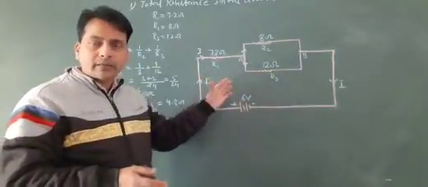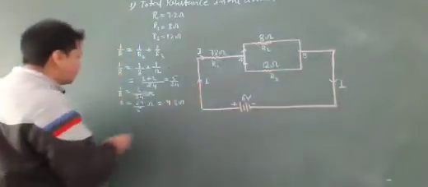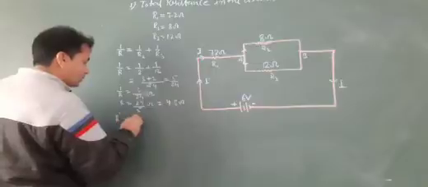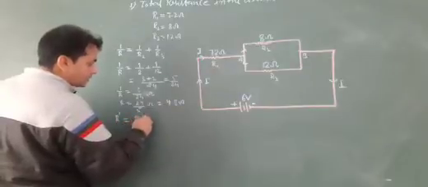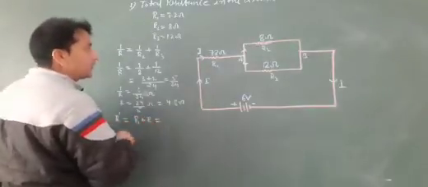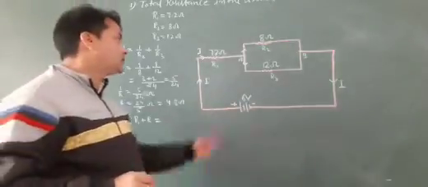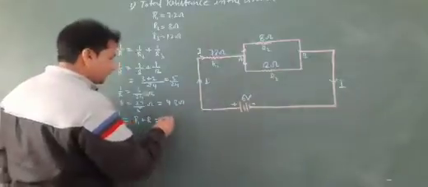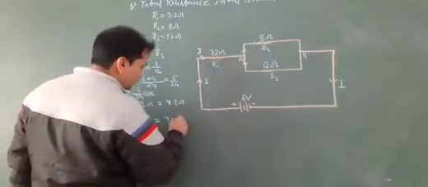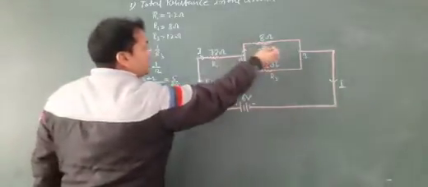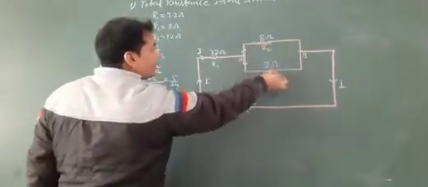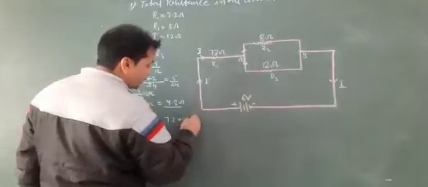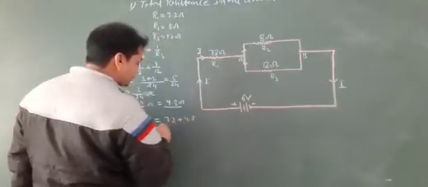So according to the series combination, the total resistance R dash equals R1 plus R. The value of R1 is given in this circuit as 7.2 ohm, and the equivalent resistance of 8 and 12 is 4.8 ohm, so 7.2 plus 4.8 is 12 ohm.